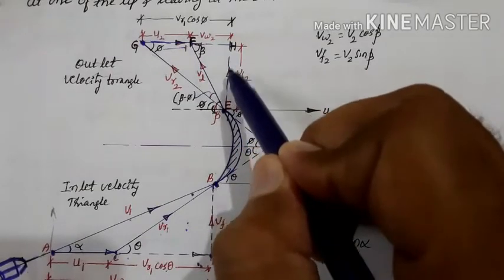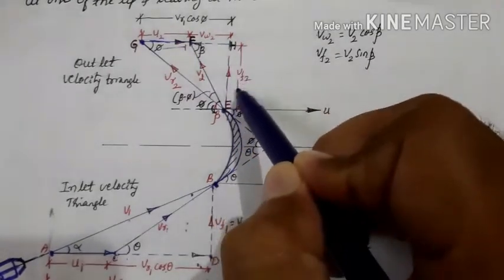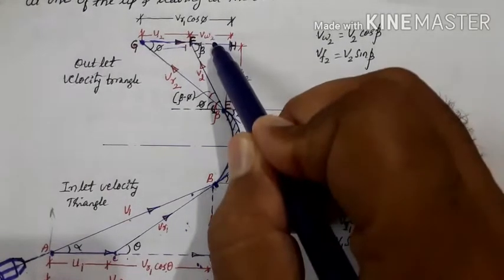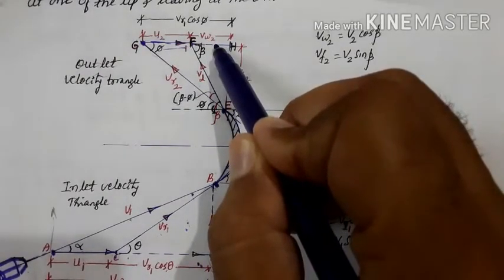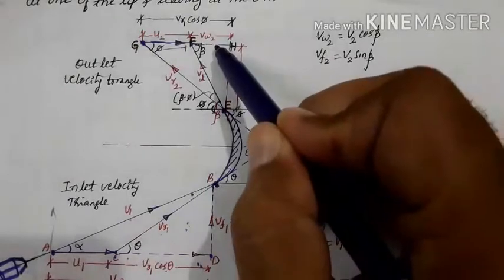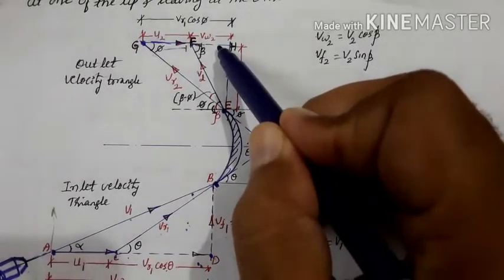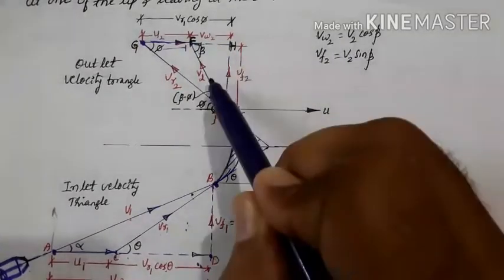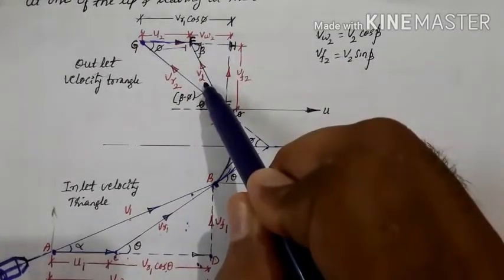represent the velocity of flow Vf2 and the velocity of whirl Vw2 at outlet respectively. These Vf2 and Vw2 are nothing but the components of the velocity V2 at outlet.